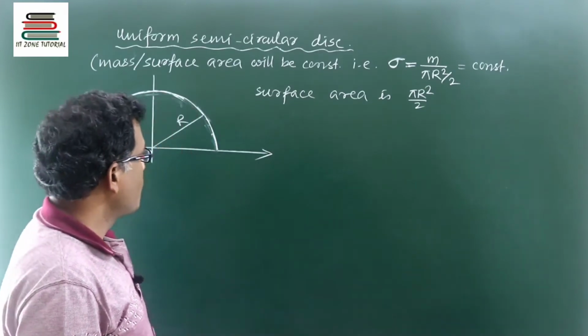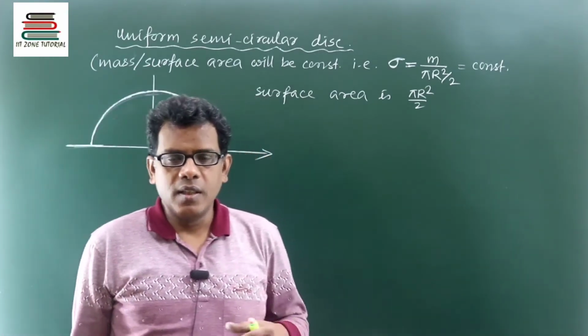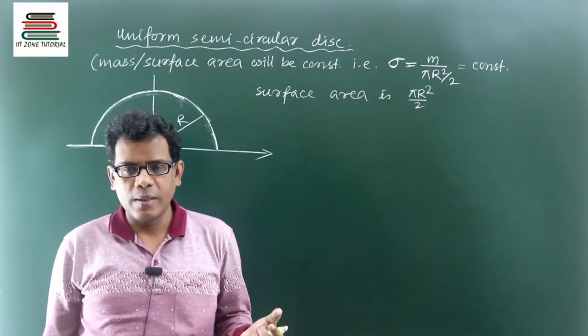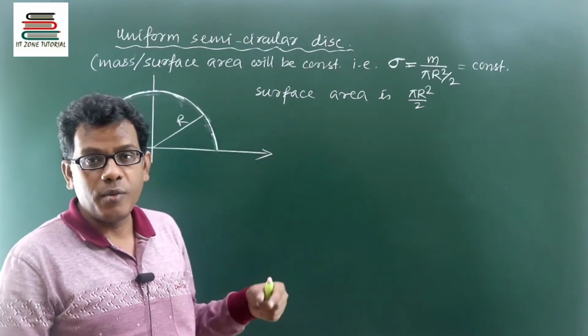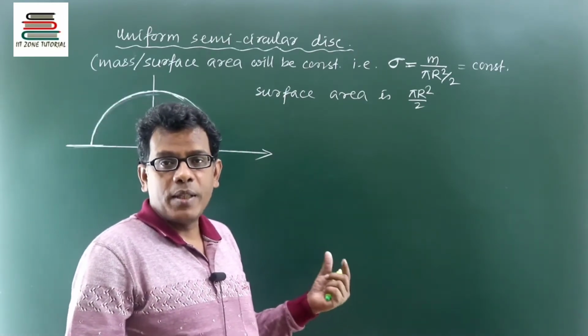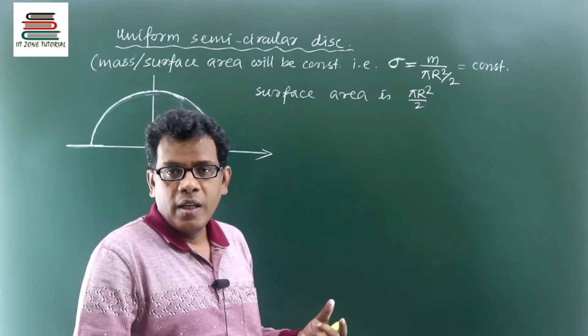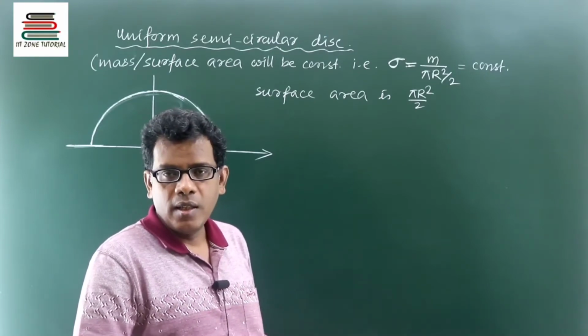Now think about the previous discussion where mass was available lengthwise, whether it was a uniform rod or a semicircular ring. The element body was taken lengthwise. On a rod we take the element along the length, right?